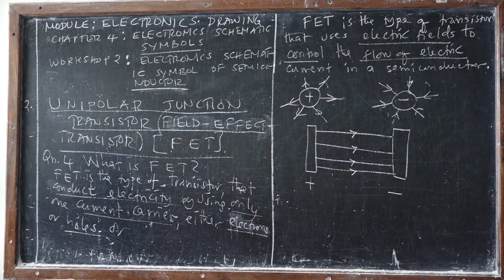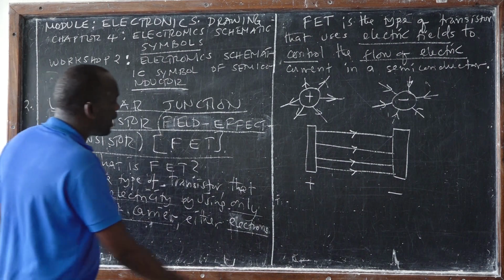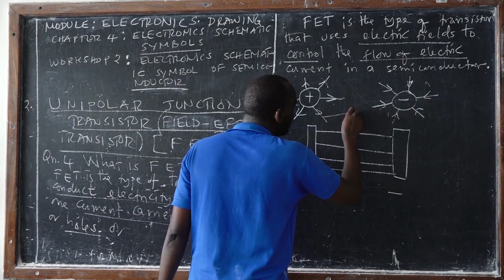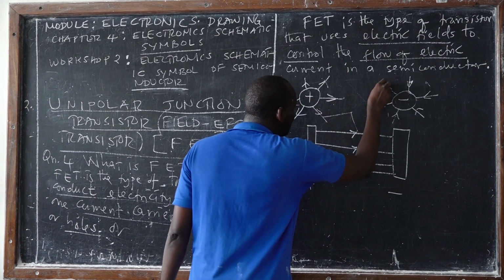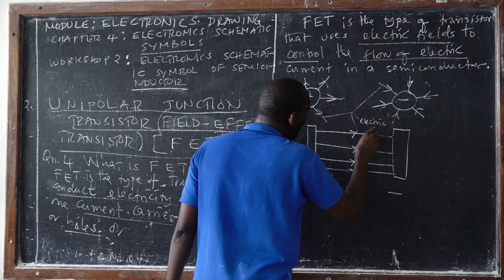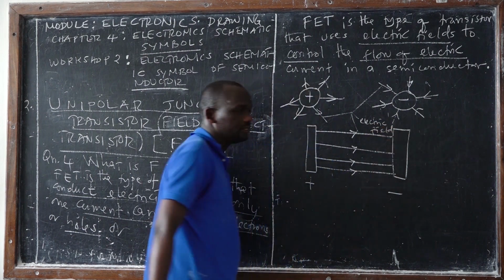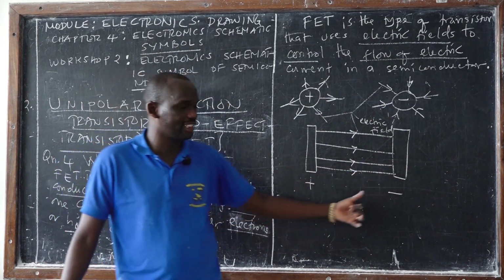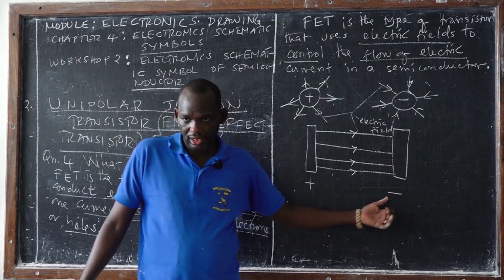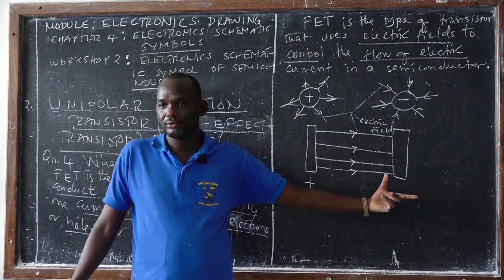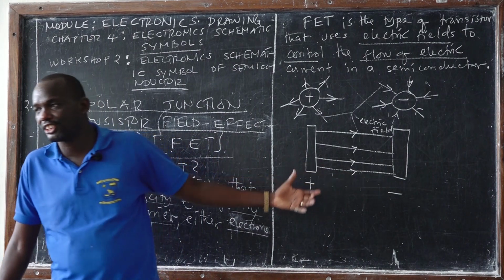In simple representation, these are what we call electric field lines. So the positive plate of the capacitor is the source of electric field, and the negative plate is the receiver of electric field.